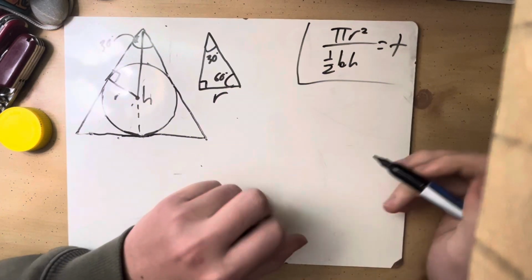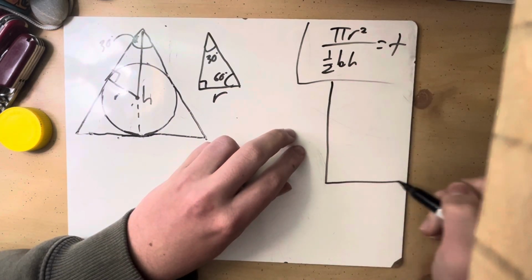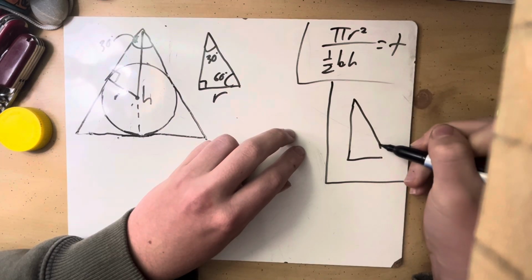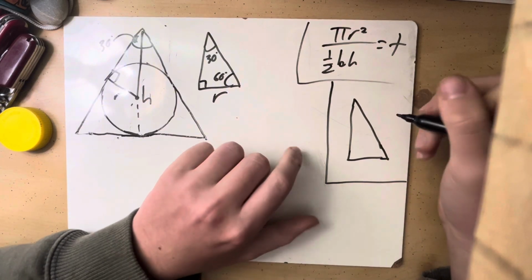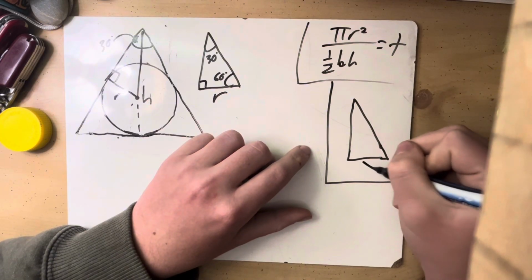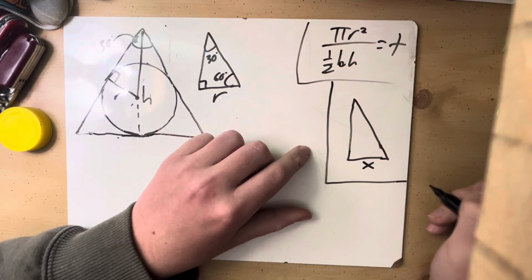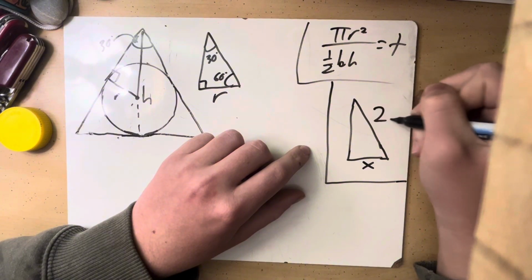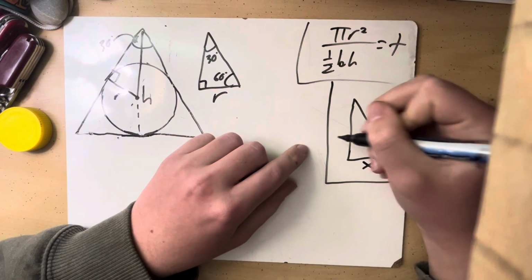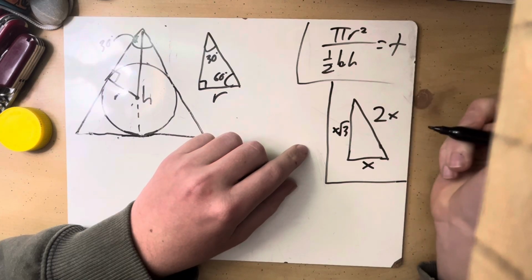And these are very special. So if I draw over here, because we're probably going to be using these, 30, 60, 90 triangles have this ratio between their sides. If you have the smallest side as x, then the hypotenuse will be 2x, and the medium side will be x times the square root of 3.